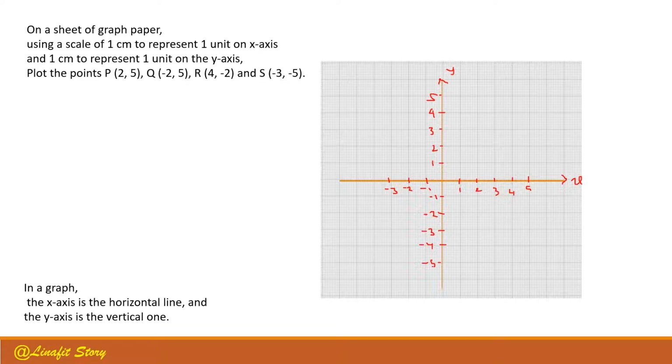We usually identify points by capital letters. So P is (2, 5).